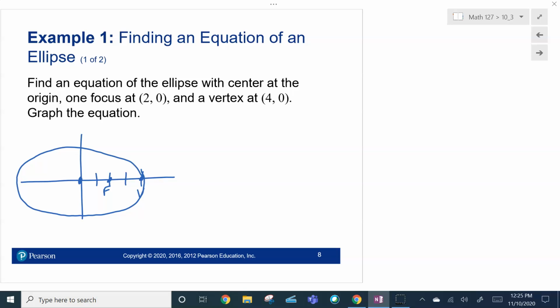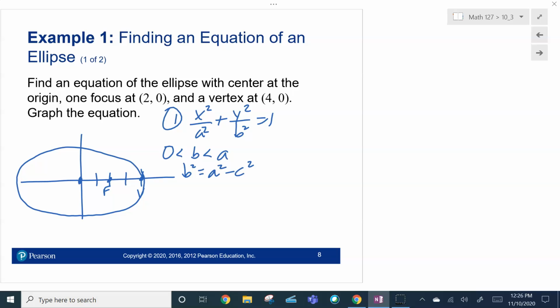So the first thing I'm thinking is, I'm trying to find the equation of this thing. I have x squared over a squared plus y squared over b squared equals 1, and I know a is greater than b. I also know the relationship is b squared equals a squared minus c squared.